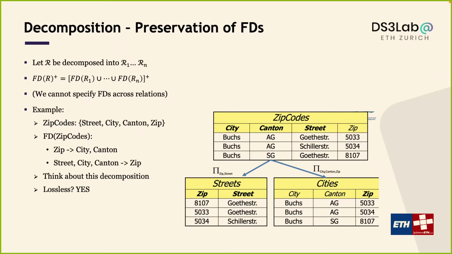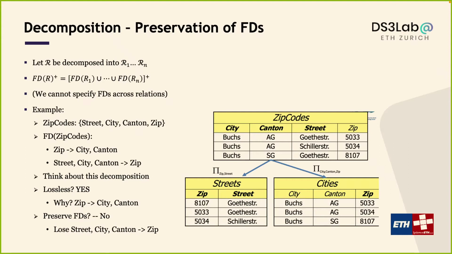But whether this decomposition preserves all the functional dependencies, that's actually not true. If you think about why, in the original relation we have two functional dependencies. We have zip code decides city and street. We have street and city decide zip code. Once you do this decomposition, it's very natural to see that you do not have street and city decide zip code anymore, given these two smaller relations.